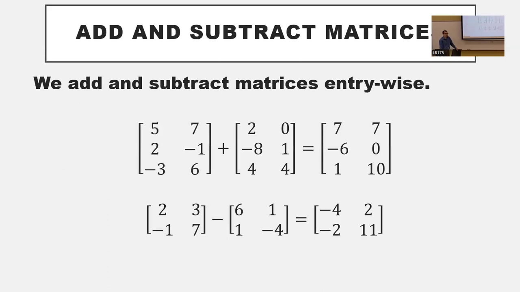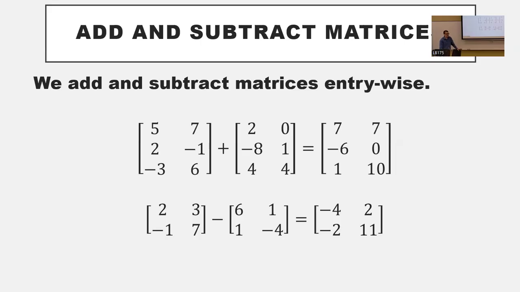Now we're going to do a few algebraic operations with matrices. The first is we're going to add and subtract matrices. This is very straightforward. When we add or subtract matrices, we add or subtract them entry-wise.